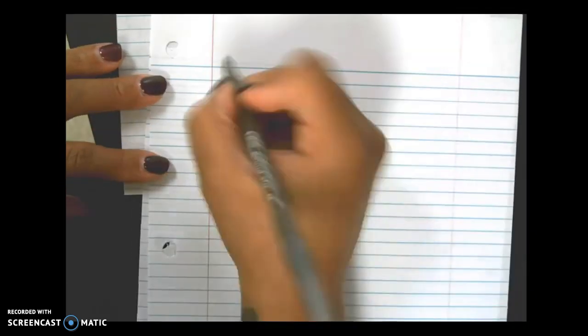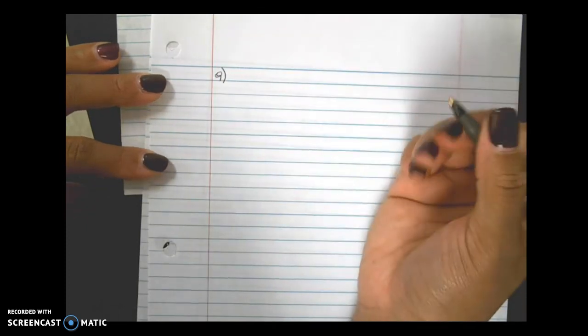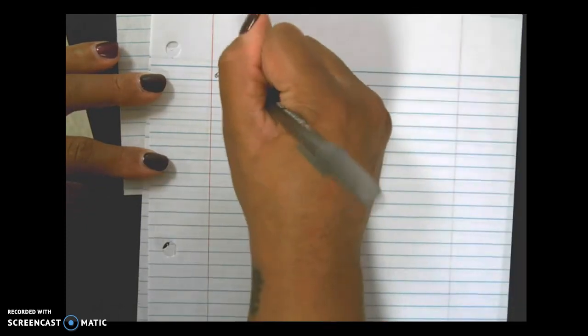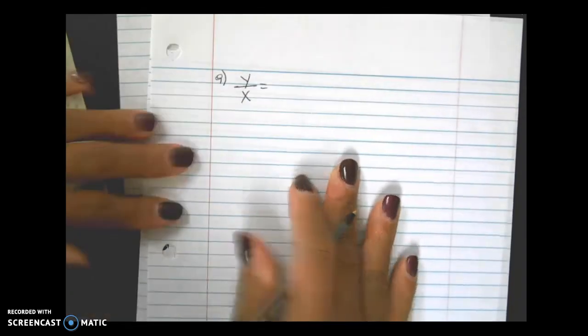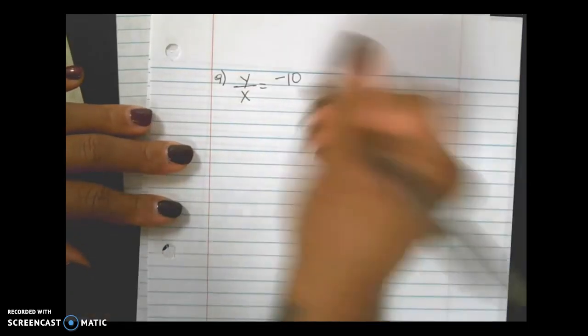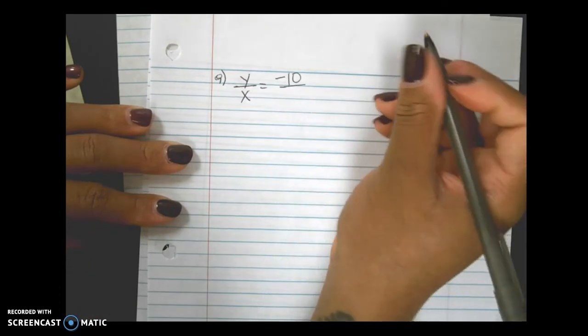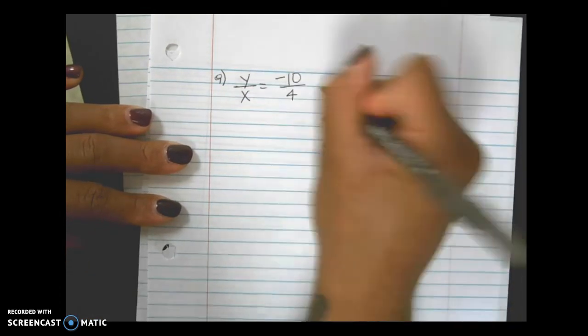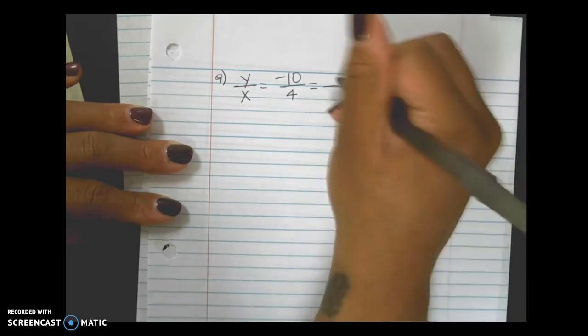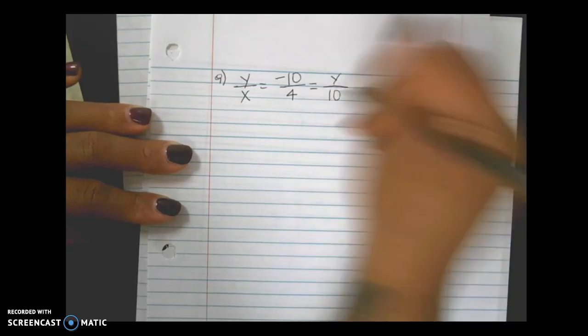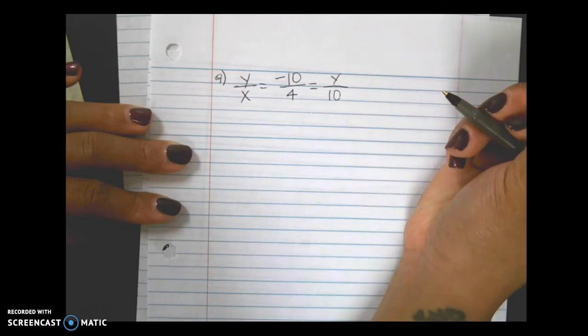Number 9. I have equivalent fractions, so I'm going to need my y over x. My first y value that they give me is negative 10. My first x value that they give me is 4. My second x value that they give me is 10. Y goes on top, the 10 goes on bottom because it's x.